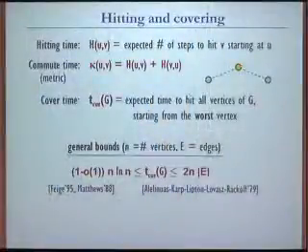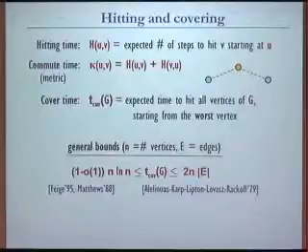Here are the general bounds that are available. So the cover time of a graph is always bounded by the number of vertices times the number of edges times 2. This is a very nice argument based on spanning trees due to Aldous et al. And there's a lower bound of n log n, and it's somewhat tricky to get the right constant here.